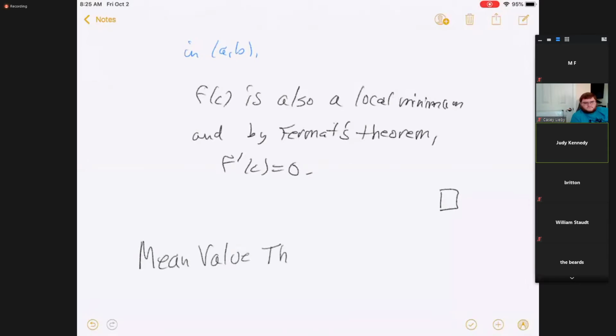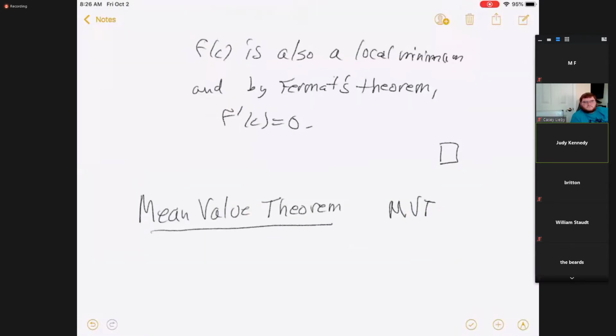The mean value theorem, or MVT, says the same hypotheses, except for the f of A equal to f of B. Suppose that f satisfies the following.